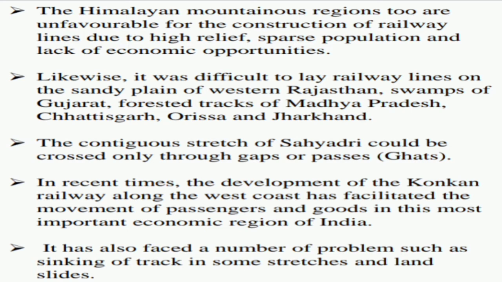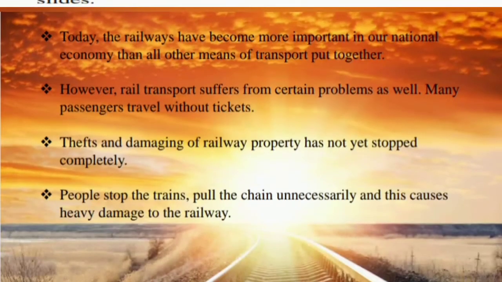Likewise, it was difficult to lay railway lines on the sandy plains of western Rajasthan, swamps of Gujarat, forested tracts of Madhya Pradesh, Chhattisgarh, Odisha, and Jharkhand. The contiguous stretch of Sahyadri could be crossed only through the gaps or passes. In recent times, the development of the Konkan Railway along the west coast has facilitated the movement of passengers and goods in the most important economic region of India.